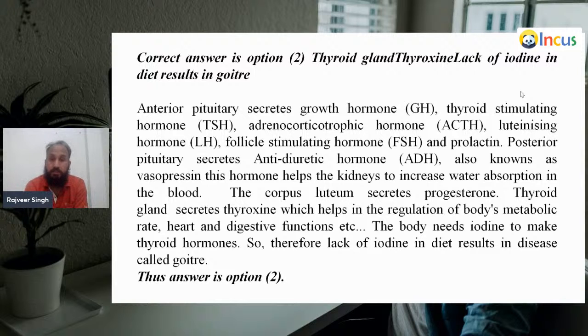The corpus luteum secretes progesterone. The thyroid gland secretes thyroxine, which helps in regulation of body metabolic rate, heart and digestive functions. The body needs iodine to make thyroid hormone. Therefore, lack of iodine in diet results in a disease called goiter.